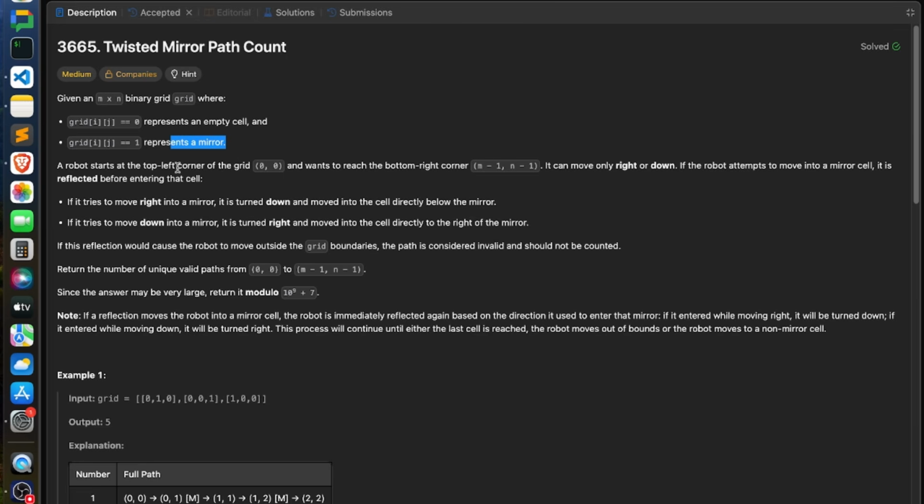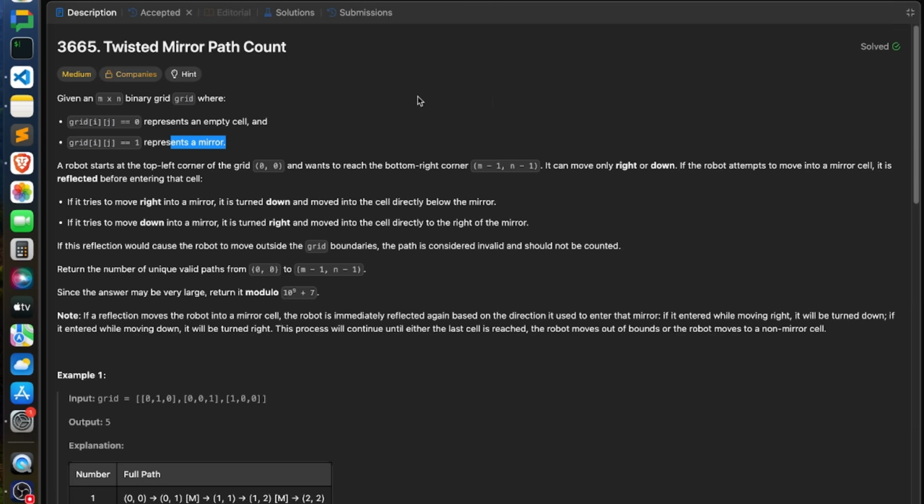A robot starts at the top left corner and wants to reach the bottom right corner. It can only move either right or down. Now if the robot attempts to move into a mirror cell, it is reflected before entering the cell. Let's see what the reflection does. Let's say it moves to the right and there is a mirror, it will turn down.